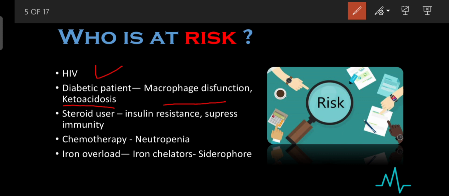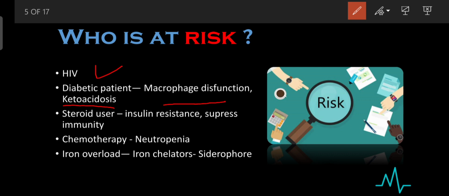Most of the patients are taking steroids, and they are taking them very aggressively, which leads to a hyperglycemic condition, and due to this the body becomes insulin resistant, right? The steroid not only makes the body insulin resistant, it also suppresses the immunity, right?